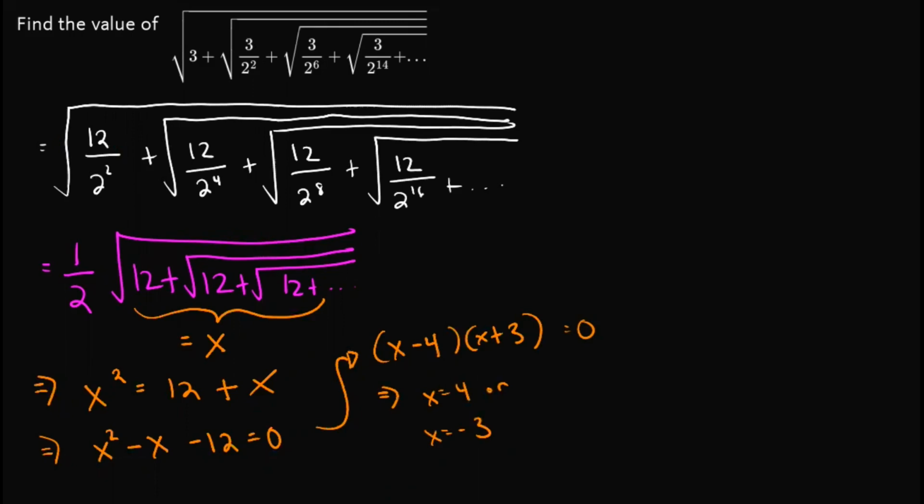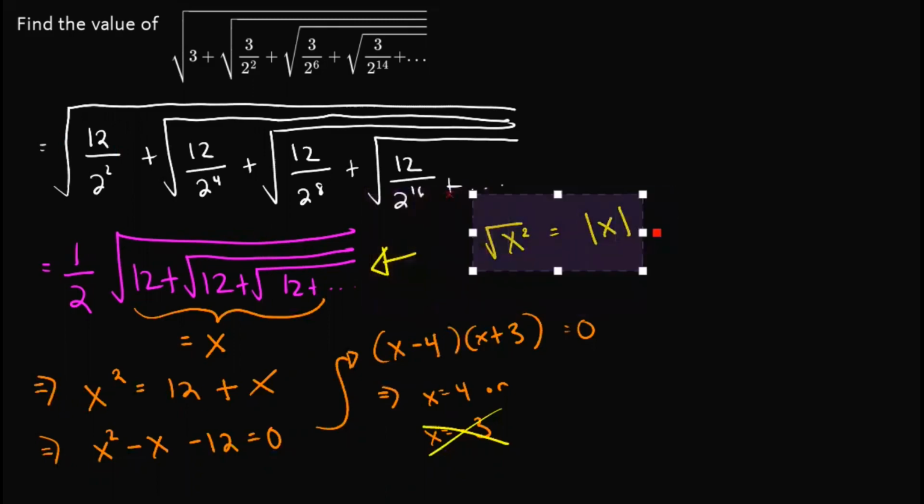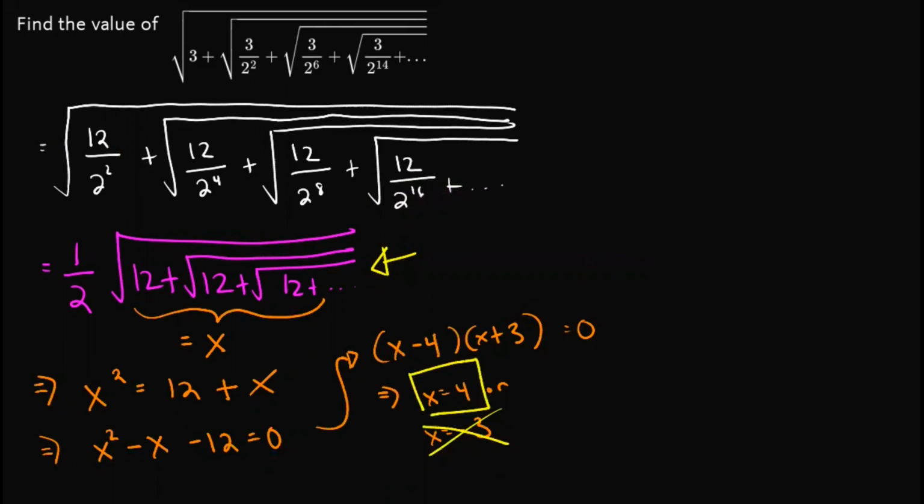But observe that x cannot be negative 3, since this expression out here should be positive, since recall that when we have square root of x squared out here, its outcome is absolute value of x, so it must always be positive. And so the only case that we take is x must be equal to 4.